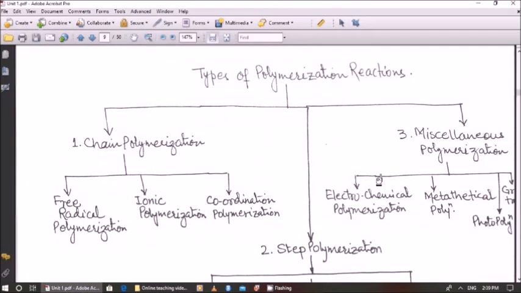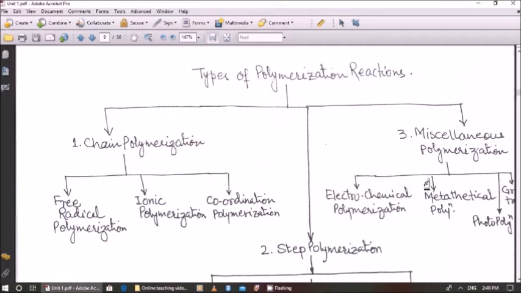Okay. So we'll see the types of polymerization reaction. There are basically many types of polymerization reaction, but there are two main types of polymerization reaction. One is the chain polymerization, another one is the step polymerization, and in third one we can conclude many types of polymerization reaction, and we'll term it as a miscellaneous polymerization reaction.